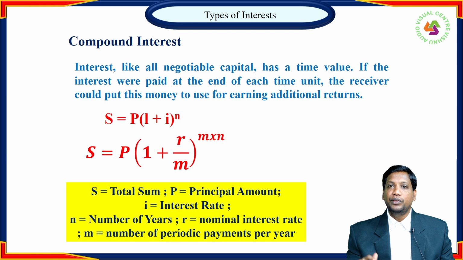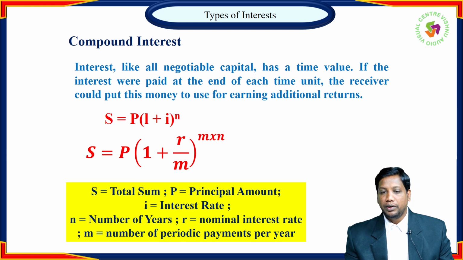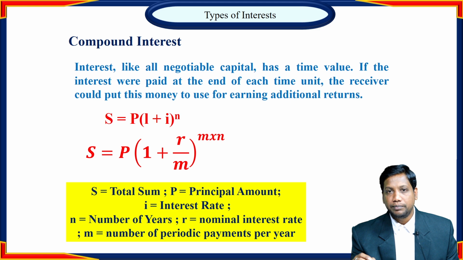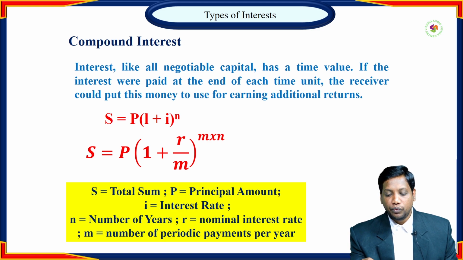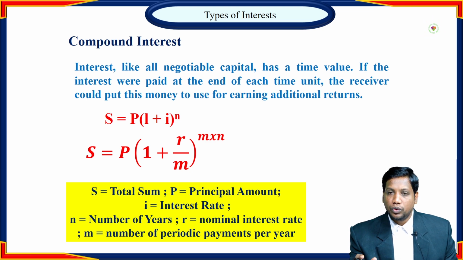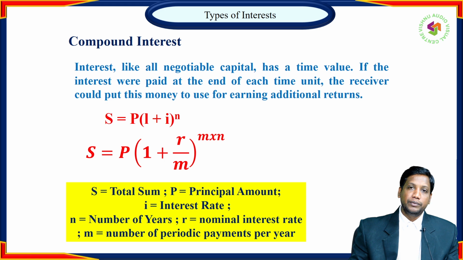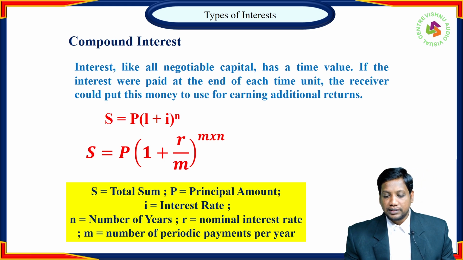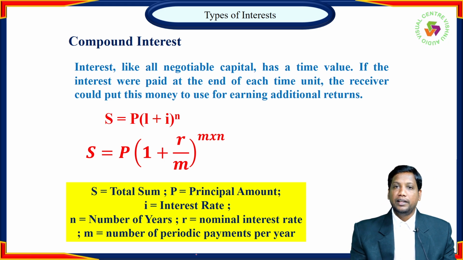And coming to compound interest, similar to simple interest, here we will calculate in terms of total sum. Total sum equals P into (1 plus I) whole power n. Sometimes the interest might be compounded quarterly, half-yearly, or semi-annually, or even monthly. In those cases, how are we going to calculate the compound interest?